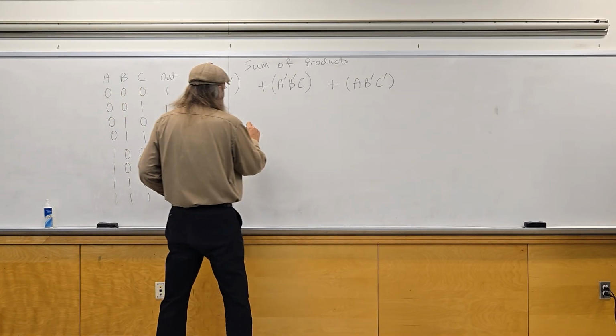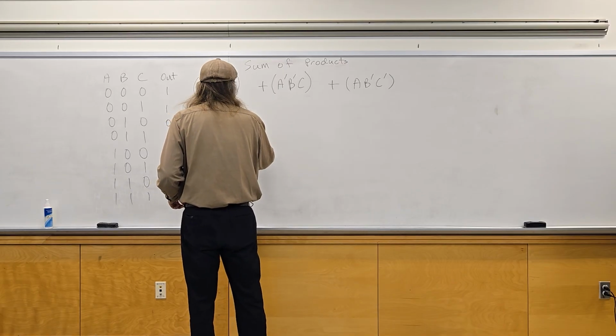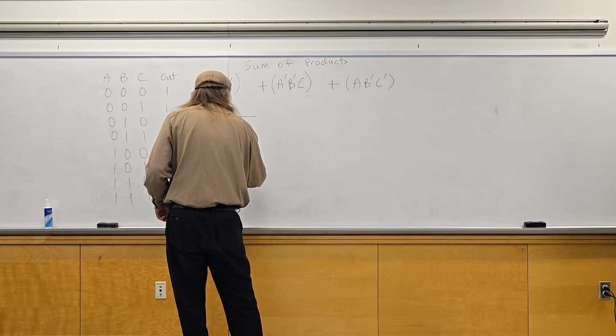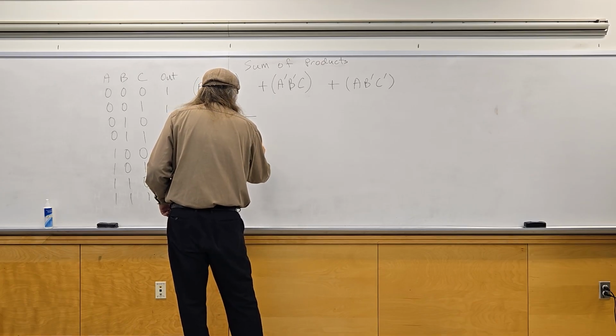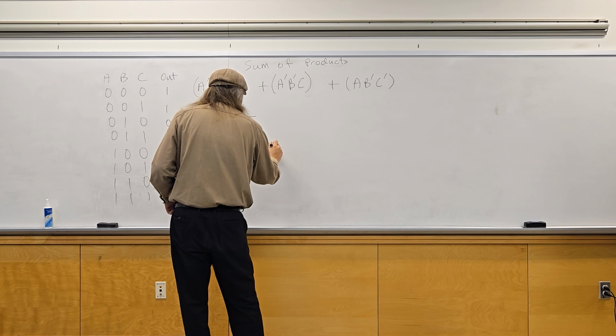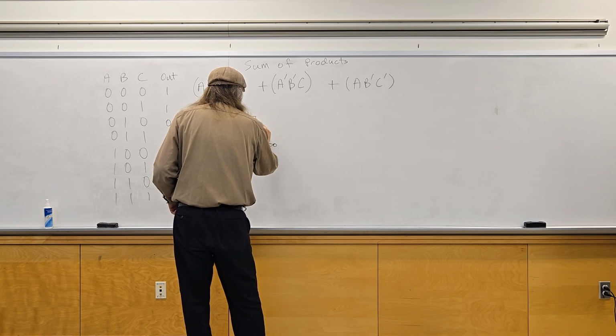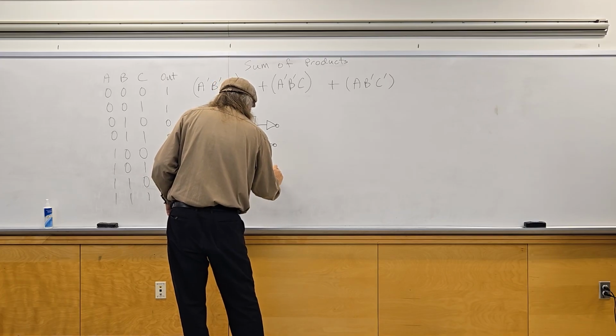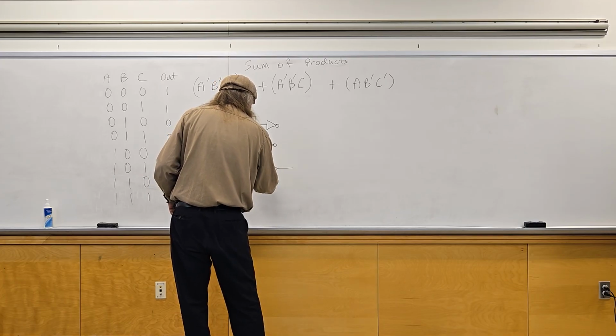So you have A, B, C, and what you do is you run an inverter off of each one, because each one is inverted for one of the terms.